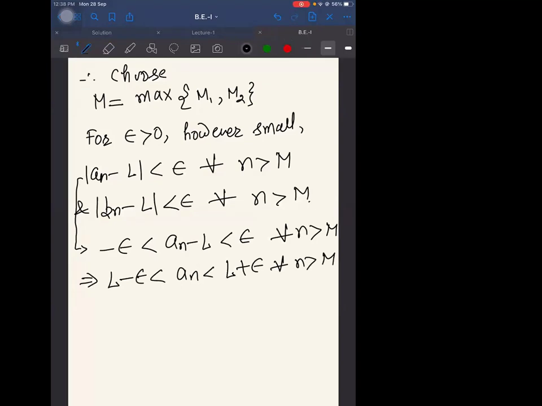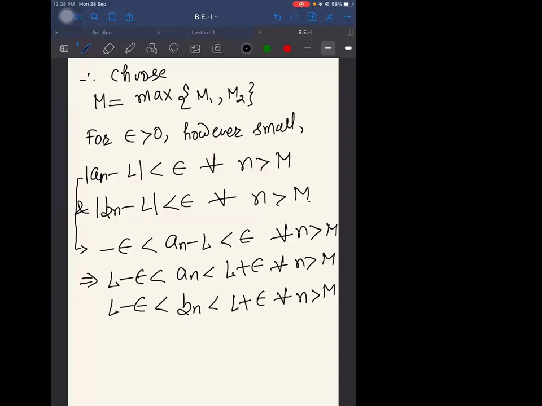But the same thing is happening for bn as well, right? Okay? So why minus epsilon? Because of the modulus property, if mod x is less than a, that means x lies between minus a and a.